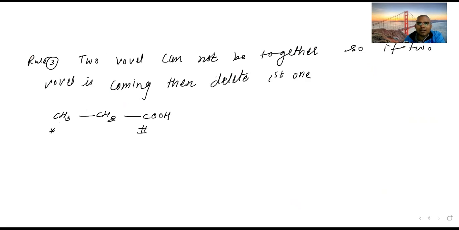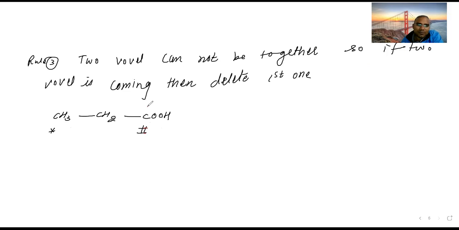From where should we start numbering? Which should get the lowest number, star or hash? The star.